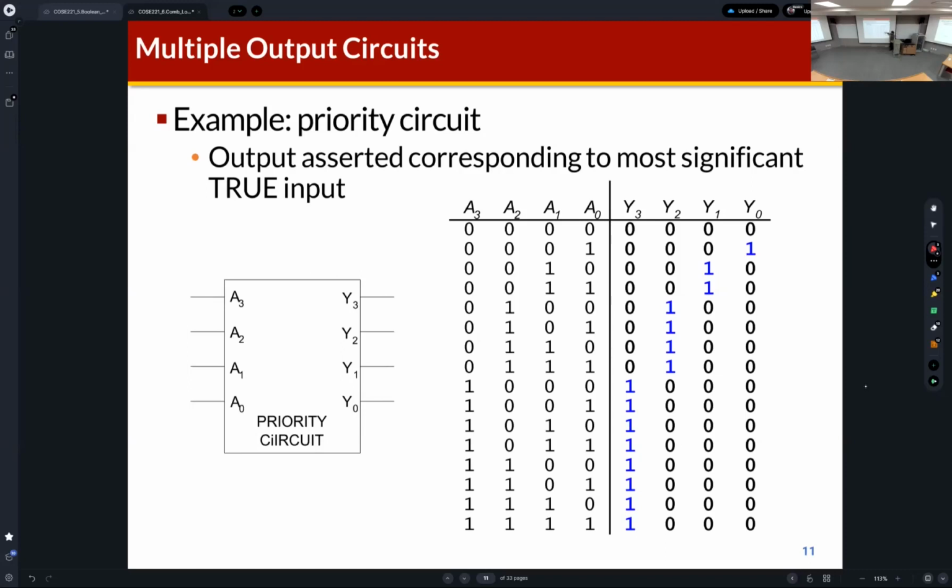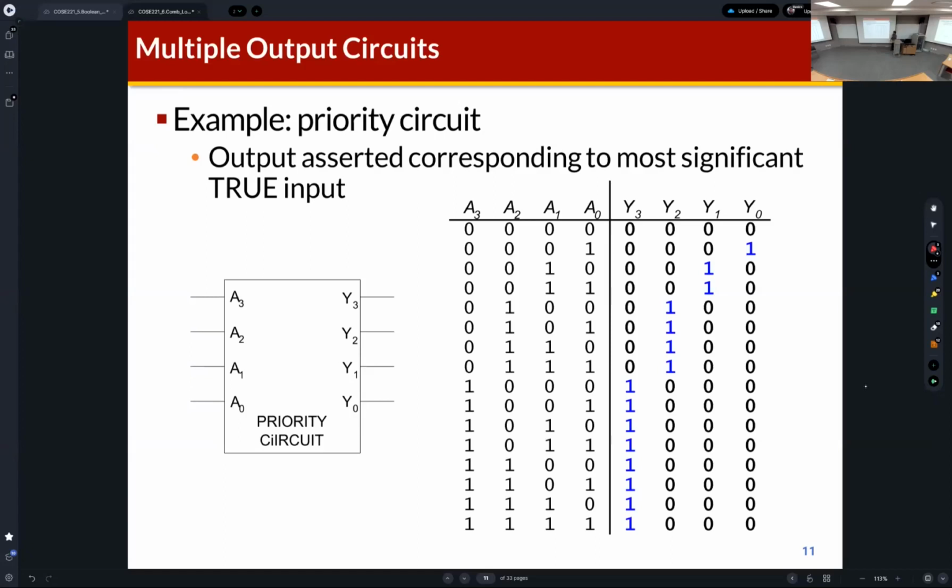If A3 is the first one, then Y3 becomes 1. If A2 is the first one, then Y2 becomes 1, and we can apply the same rule. And if all signals are zeros, then the output signals also become all zeros. This is the definition of a priority circuit.